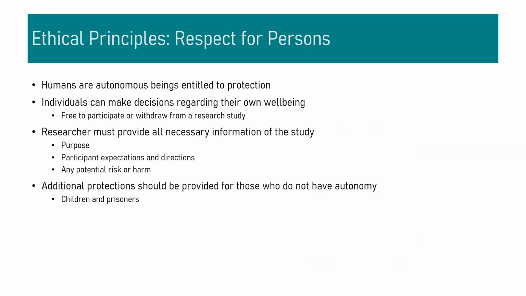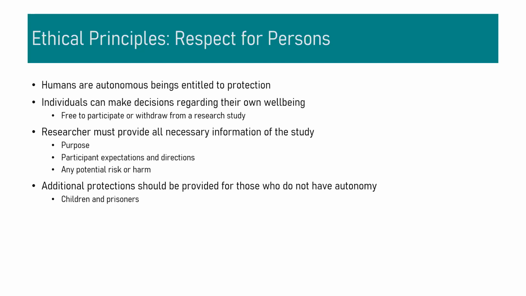Respect for persons states that human participants are autonomous beings who are free to choose to participate or to withdraw from a research study. For the participants to be able to make that choice, the researchers must provide participants with all the necessary information of the study.